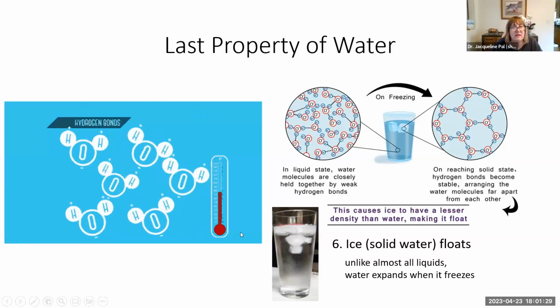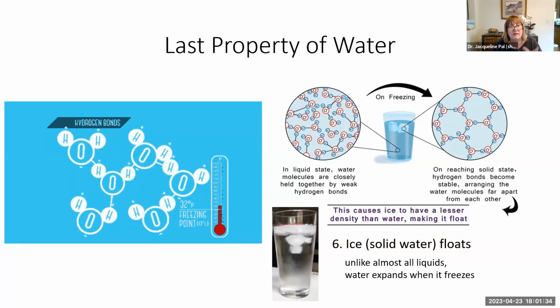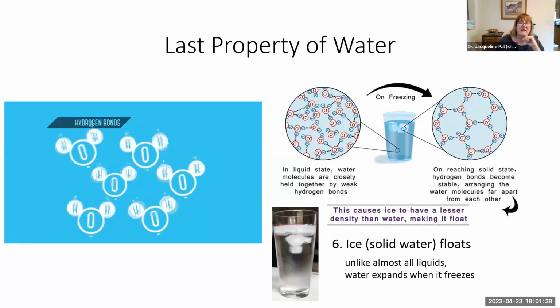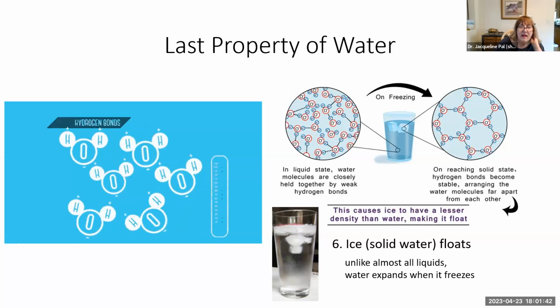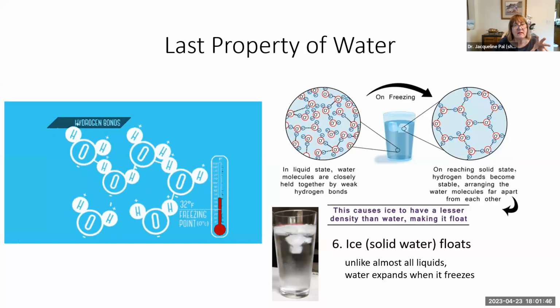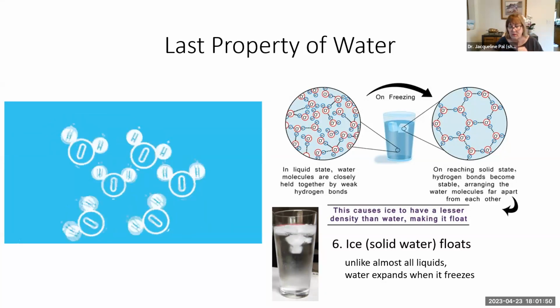And so here is a little animation showing they've moved further apart, and they're not nearly as mobile as the temperature goes down. And so they are going to form a solid that is larger than the volume when they were liquid.